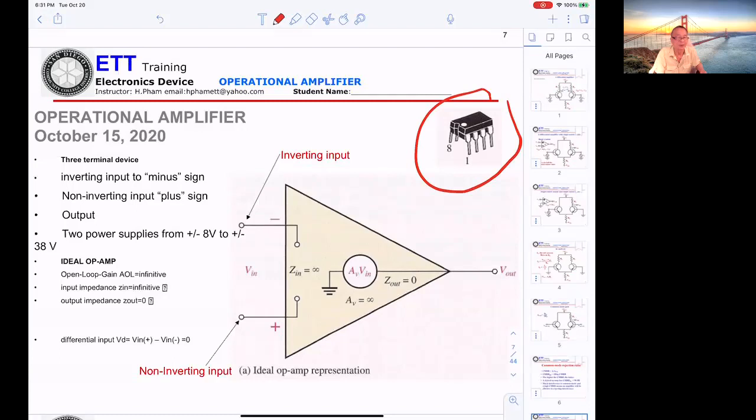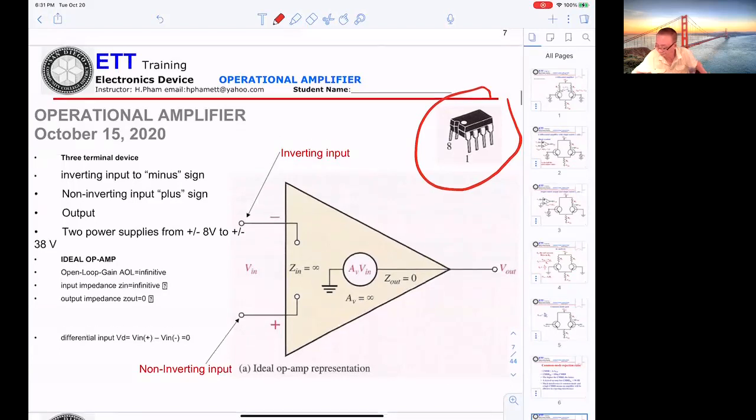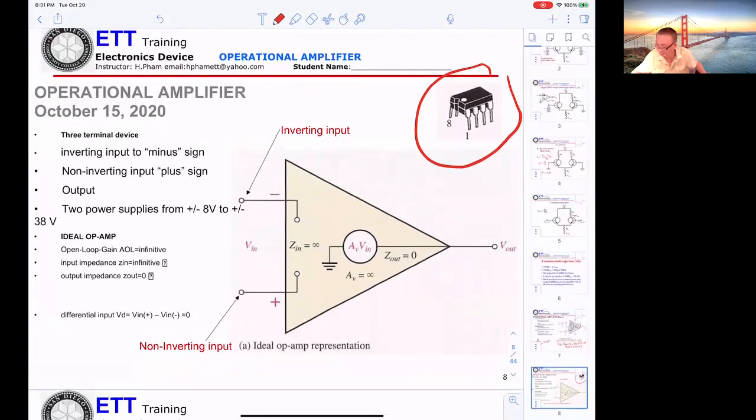And also the power supply. So when you're working, you can see pin number 4 will be negative voltage. Pin 7, positive. Pin 8, not used.